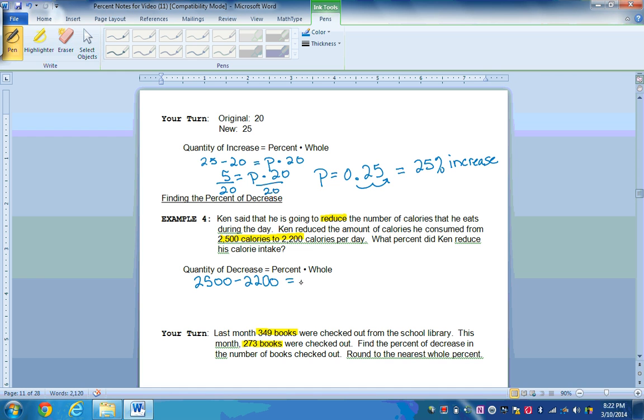And that's equal to my percent times my whole, which is the starting amount. Where did he start at? He started at 2,500. So do the subtraction first. 2,500 minus 2,200 is 300. That is equal to my percent times 2,500. Divide by 2,500.